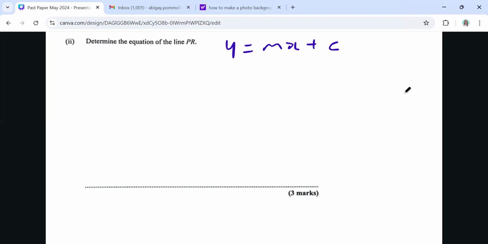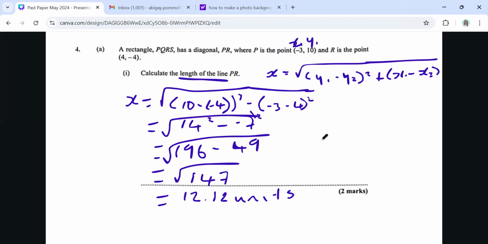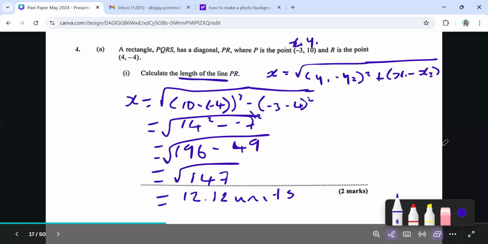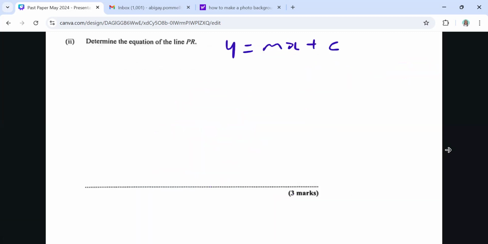And did we find c? m is the gradient. Okay, we did not find it. So let us find it first. So let us find what is m.